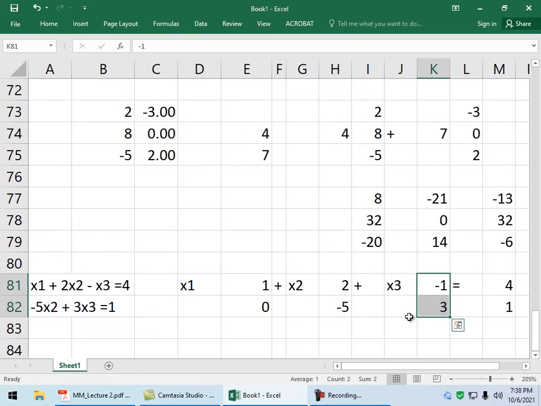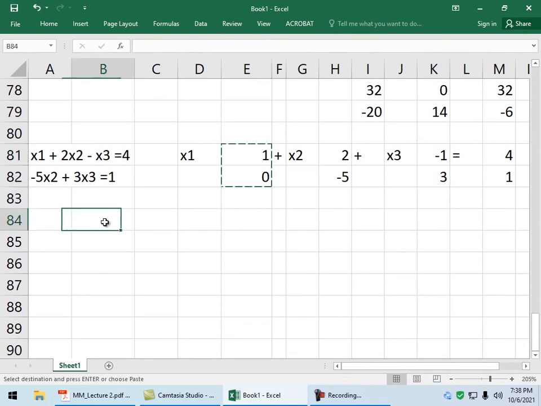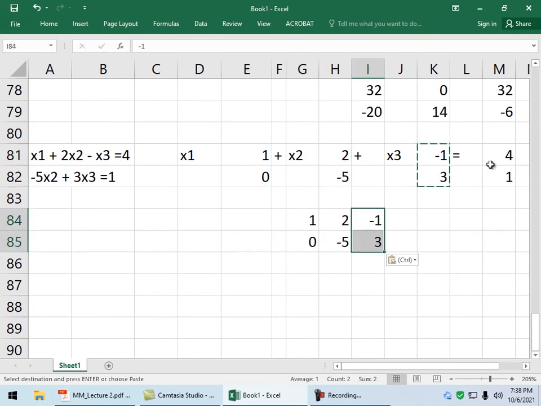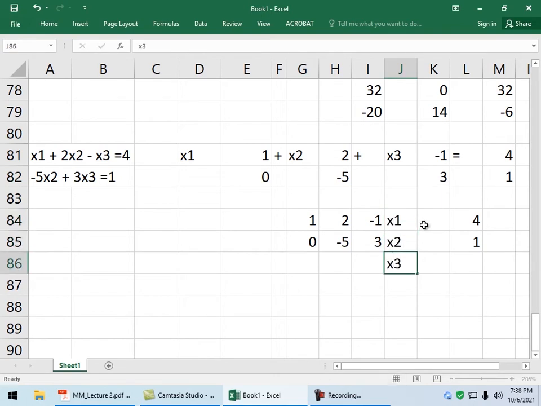Okay, let's form the matrix. First, second, third, and fourth columns will be separated, with x1, x2, x3. So this is the matrix. This is our vector, equal to 1.